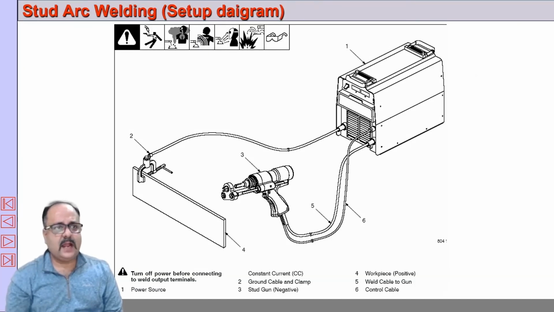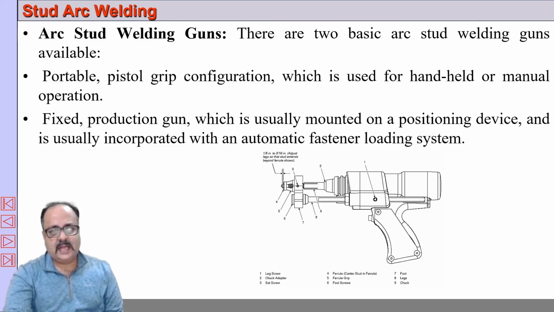Okay, next is stud arc welding. As the name suggests, it is the welding of studs, a very simple method of welding studs to any plates. There is a gun in which the stud is mounted, and there is a ferrule which protects the arc.